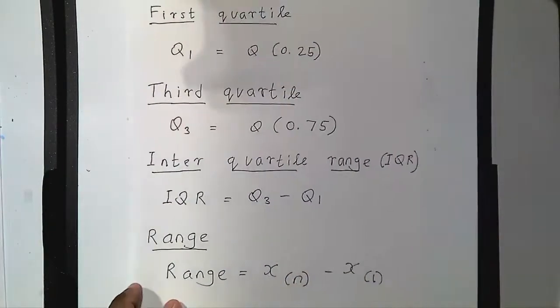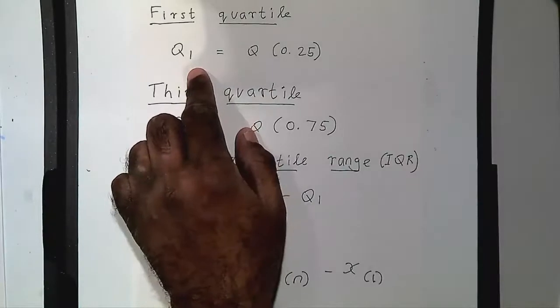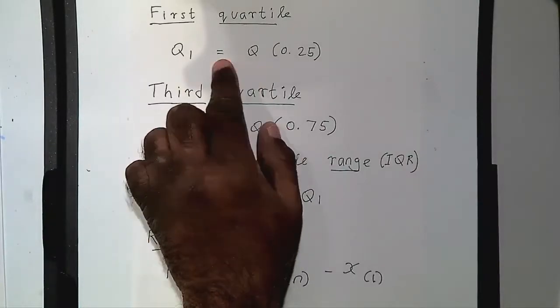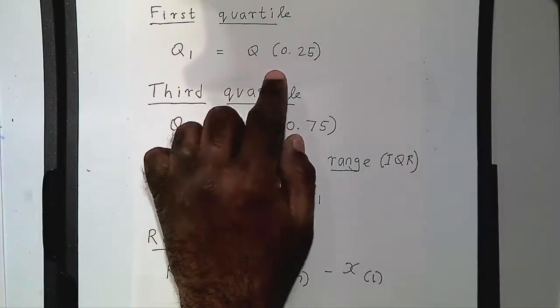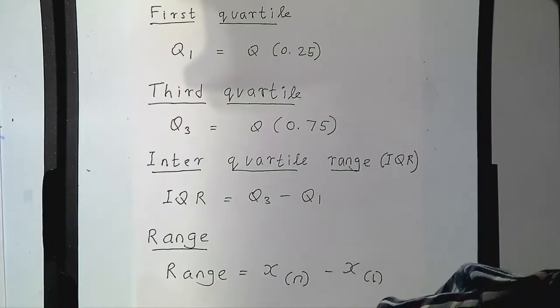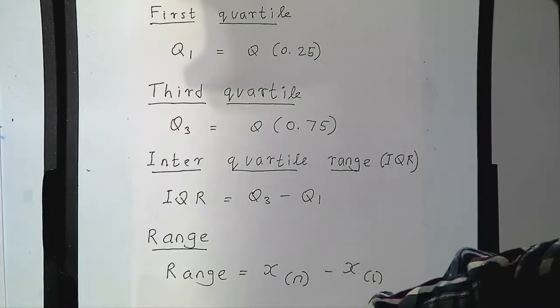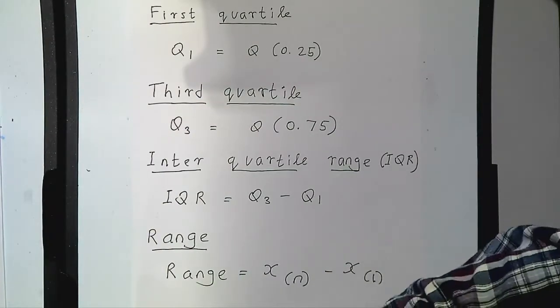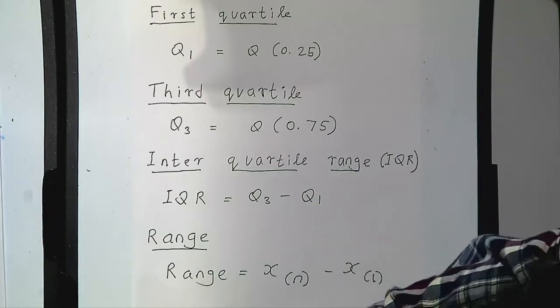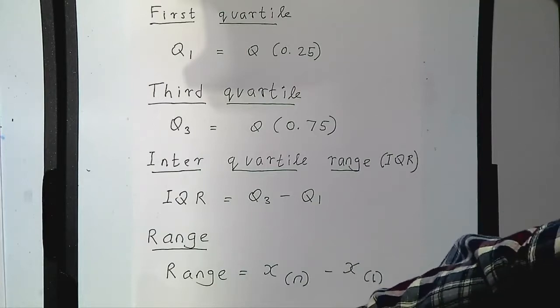I'm just summarizing what we did on Monday. Then I talked about Q1, the first quartile, which is Q at 0.25. In other words, if you arrange the data from the smallest to the largest, it is a quarter of the way from the smallest to the largest.